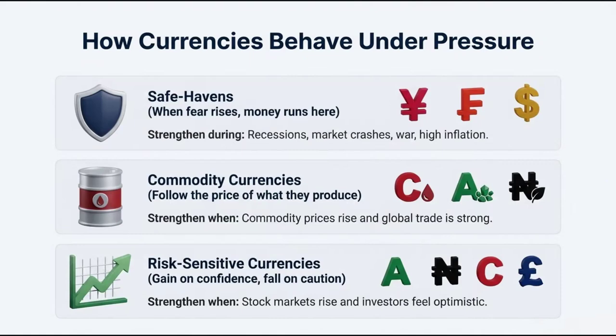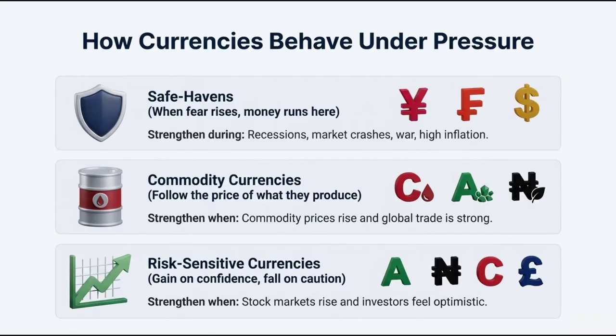Now, let's talk about how currency pairs behave under pressure. We have safe havens, commodity currencies, and risk-sensitive currencies. I want to make sure I'm going over each of these with you, just so there's no confusion, and if you do have questions, absolutely, guys, feel free to ask them. Let's talk about safe havens. First off, what is a safe haven?